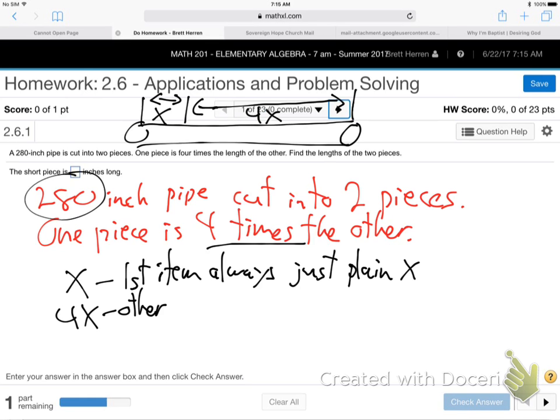Does that make sense? One section is x. The other is 4 times that amount, 4x. And together they add up to be the whole 280. x plus 4x is 280. Oh, 280, sorry.